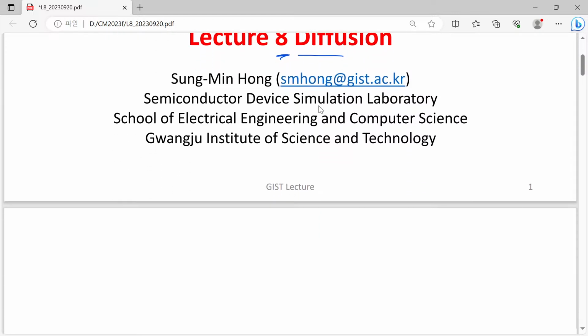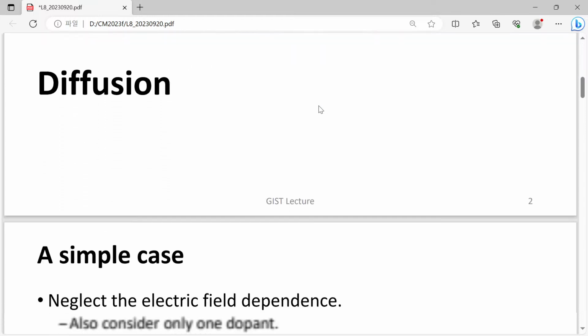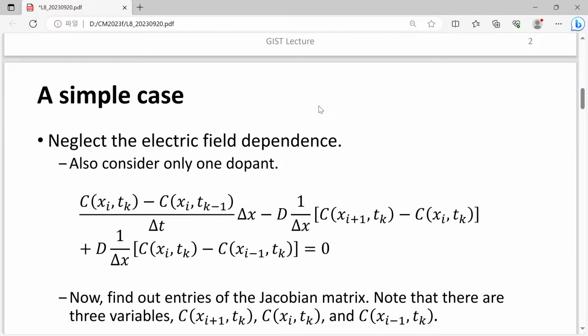So today we start from a very simple case. We have already done it. Please neglect the electric field dependence for a while. Then this becomes a discretized diffusion equation.